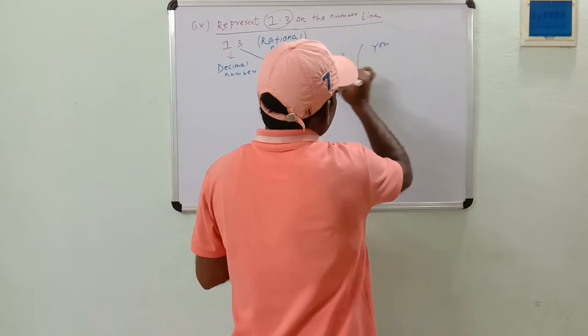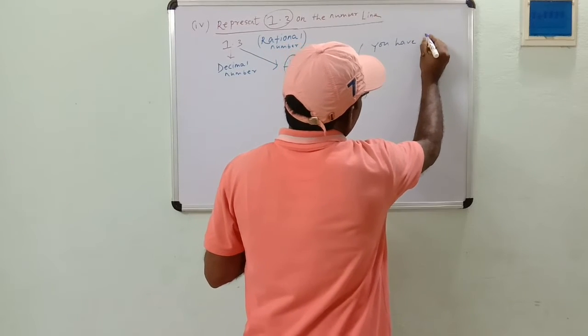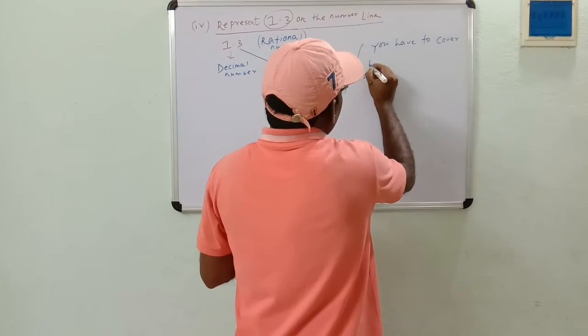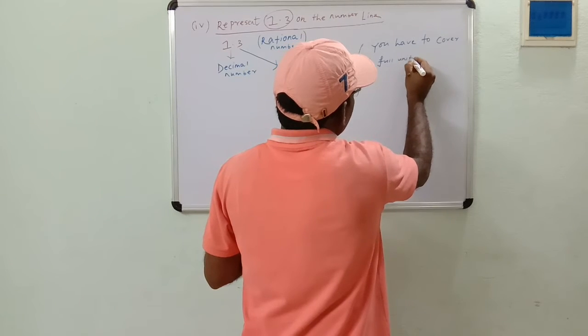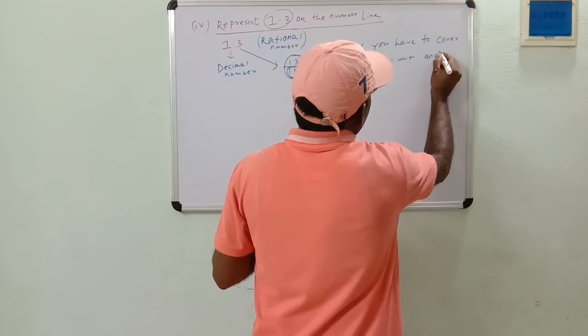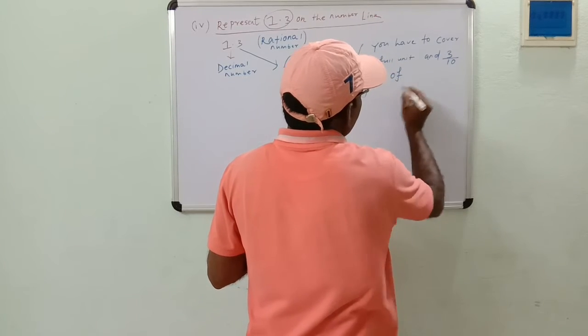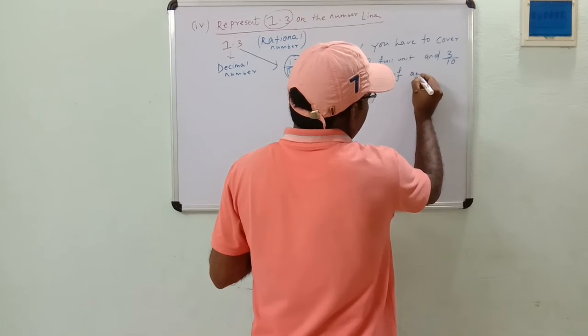1 full 3 by 10 means you have to cover 1 full unit and 3 by 10 parts of an extra unit.